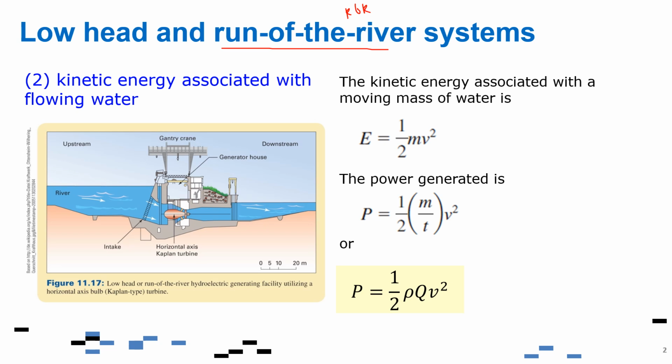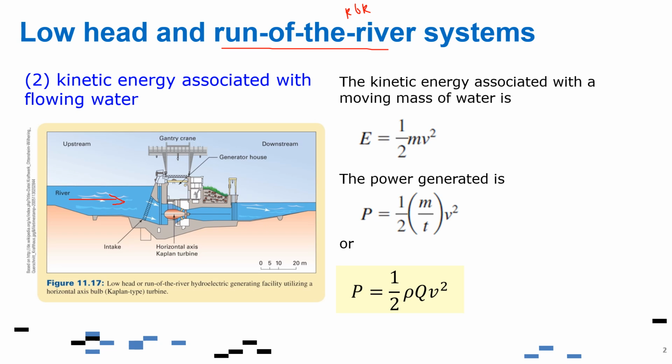Instead of potential energy, we now use kinetic energy, because in this case we are putting the turbine directly on the river flow. There are two kinds. You can make a sort of mini dam on the river, but if you have a really strong river flow, then you can put your turbine directly on the river system.